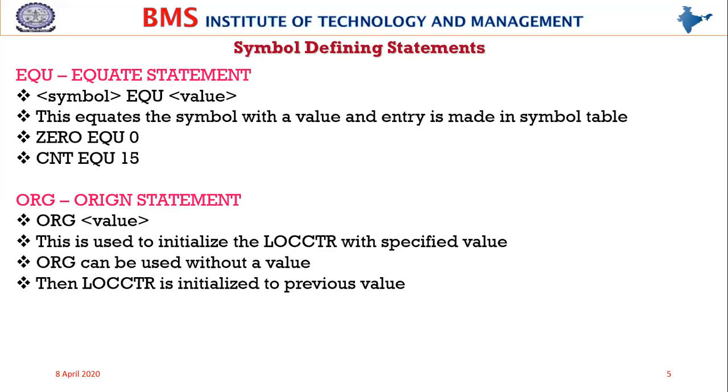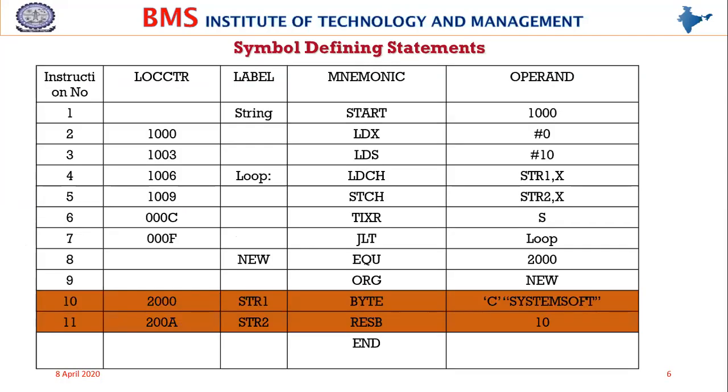And you have given ORG 2000. So the location counter value will start with 2000, 2003, 2006, it goes on. But at some place you have written ORG, then it is going to start with the previous value of whatever the location counter was. So that's the use of this ORG.